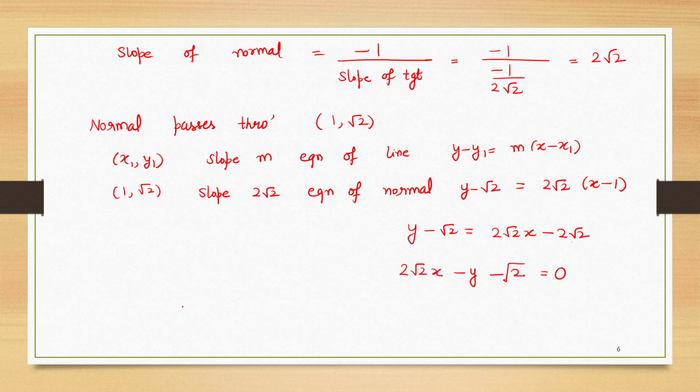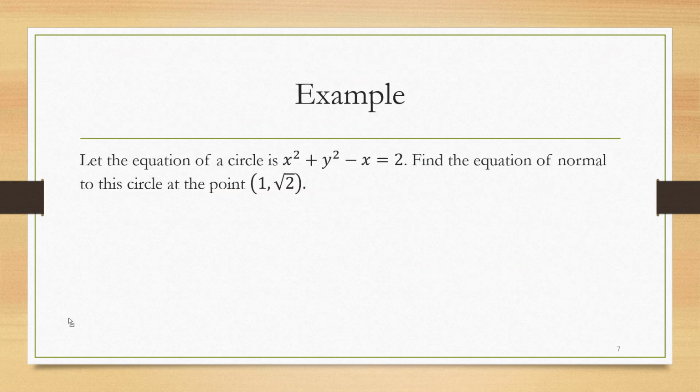Now we will do it with the second method. So same example, second method. From the given equation of circle, we find center of the circle. So center of the circle is given by minus coefficient of x by 2, minus coefficient of y by 2. That is 1 by 2, 0.